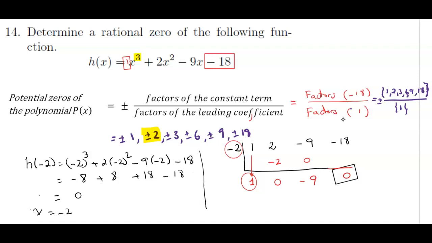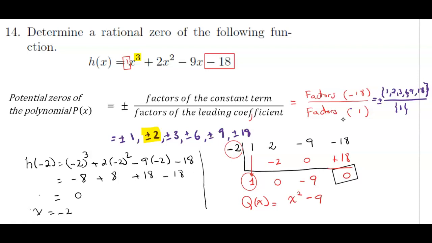Minus 9 times minus 2 is plus 18. And minus 18 plus 18 is 0. So we got it. My quotient is equal to, this is a minus 9 here, and this x is 0, so whatever remains is x squared. So x squared minus 9.